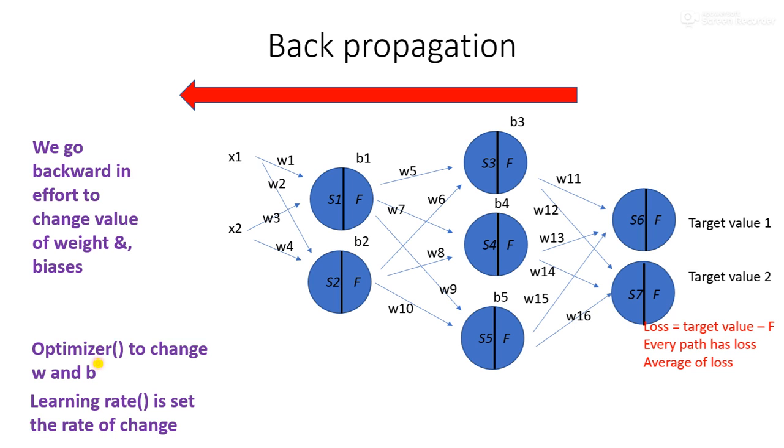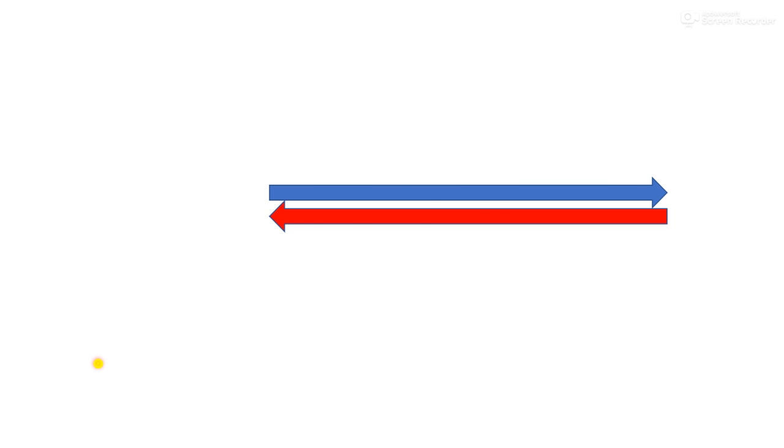All right, next slide. Now at the beginning you have feed forward, and here you have loss. Then you move backward to do the propagation. Here the weight W and bias are changed using the function optimizer along with the learning rate.